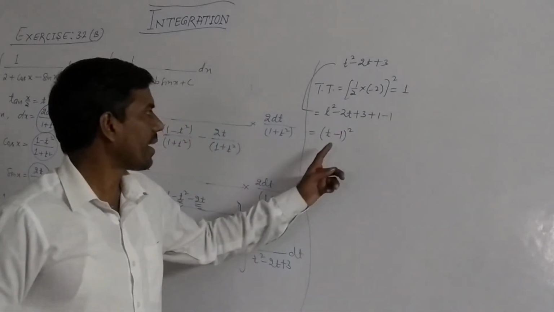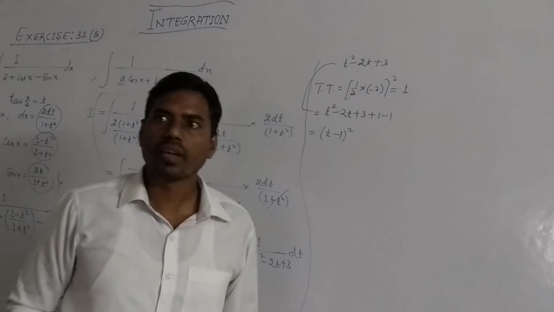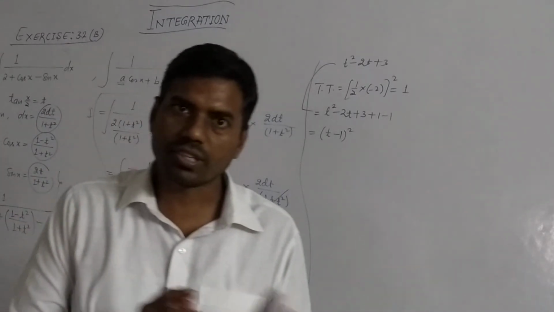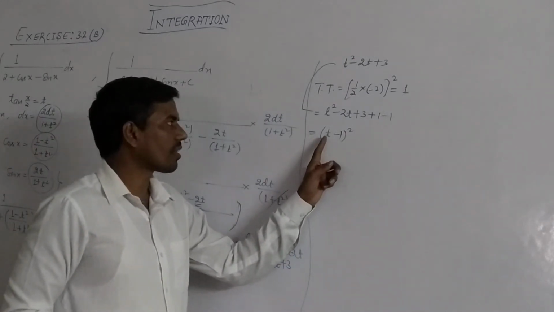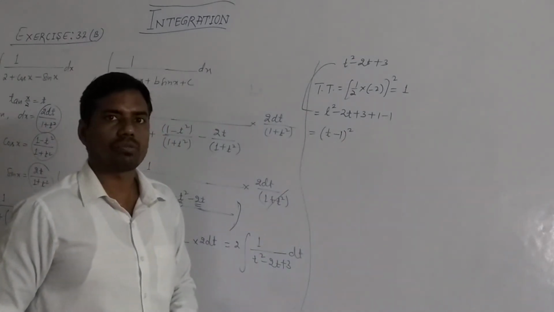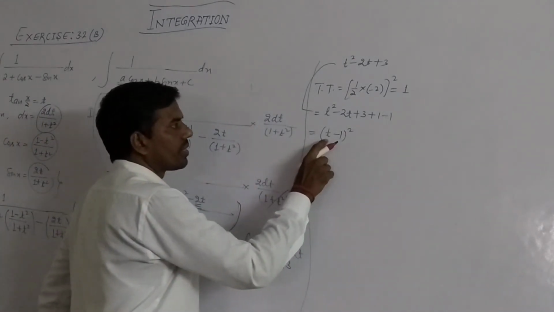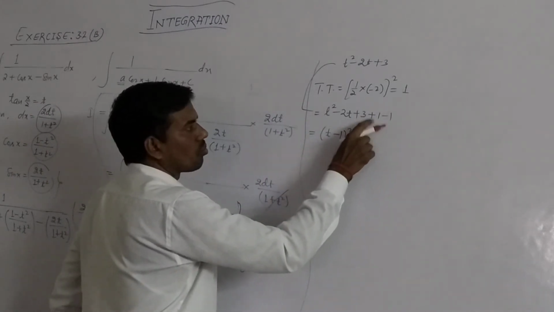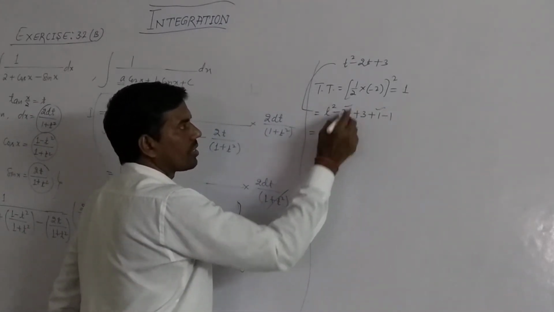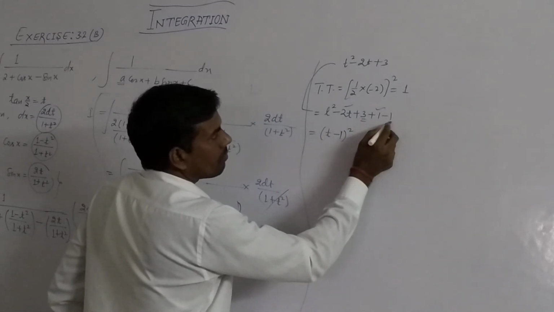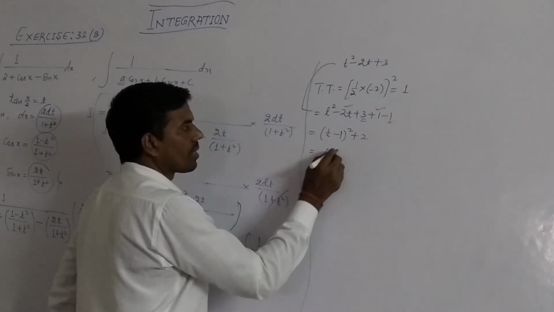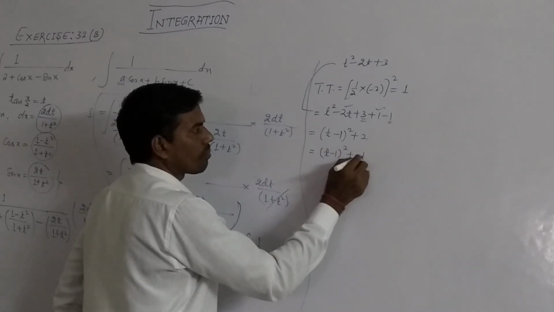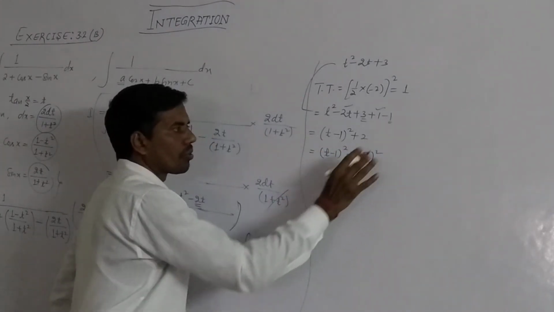Now we know that a minus b whole square has 3 terms. If we reopen this bracket, that is t minus 1 whole square, we get t square plus 1 and minus 2t. The remaining terms are 3 minus 1, that is plus 2. And this one is written as t minus 1 whole square plus root 2 whole square.